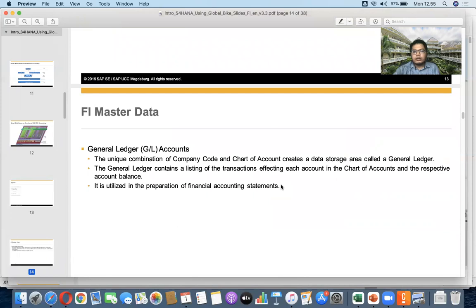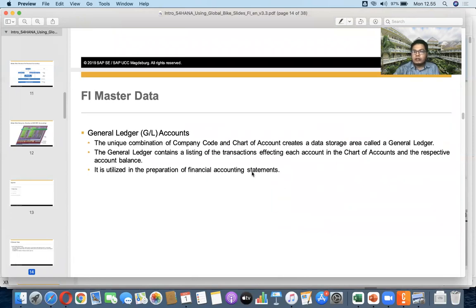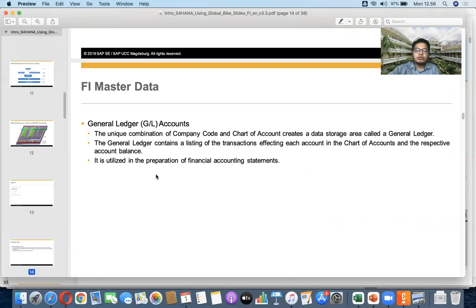As for the master data, we already heard about this in our previous modules. Sometimes we hear about the general ledger account. This is basically the most important account in the financial accounting module. The general ledger keeps all of those transactions, which are grouped into the chart of account.